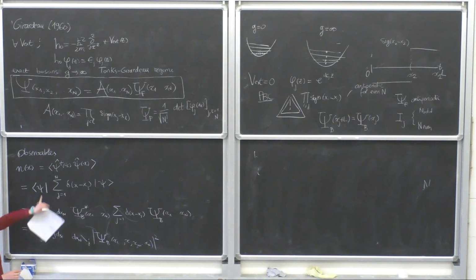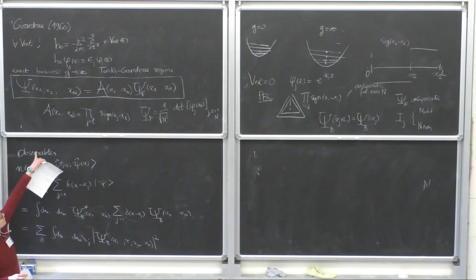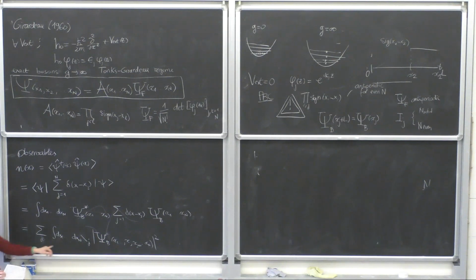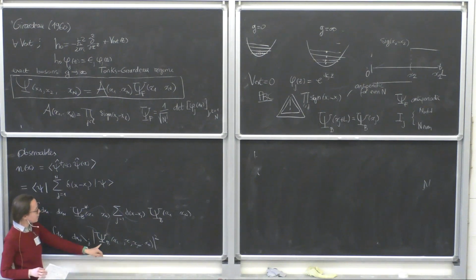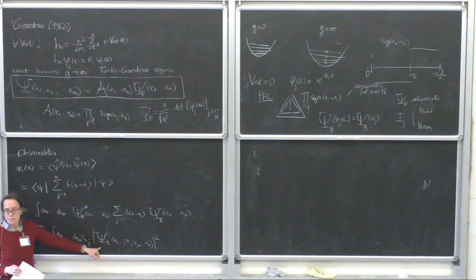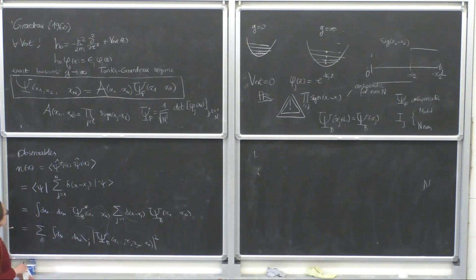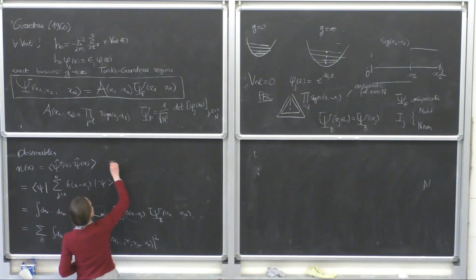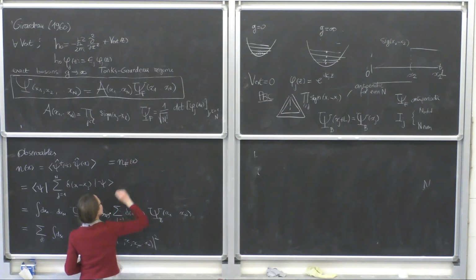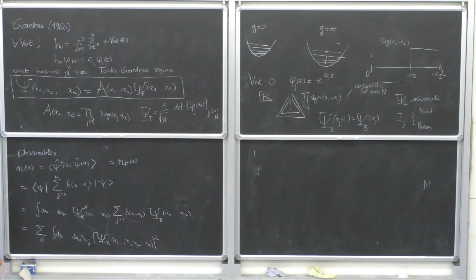You see that the prefactor, the sign function or the mapping function, does not enter in this final result because the modulus square of psi b is the same as that of psi f. So in fact, this quantity is the same as the one of a Fermi gas in the same potential.